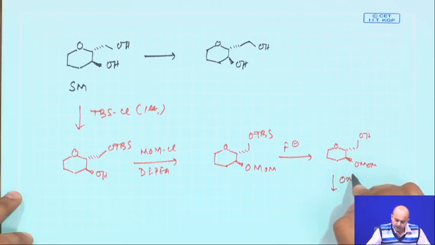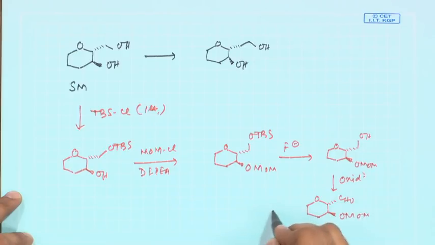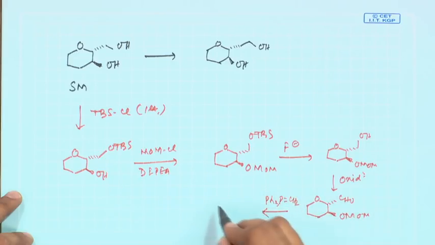So, for that you need to first oxidize, to convert the primary hydroxy to the corresponding aldehyde. The MOM protection remains the same. Now, the aldehyde is subjected to a 1 carbon Wittig reaction, very straightforward reaction.